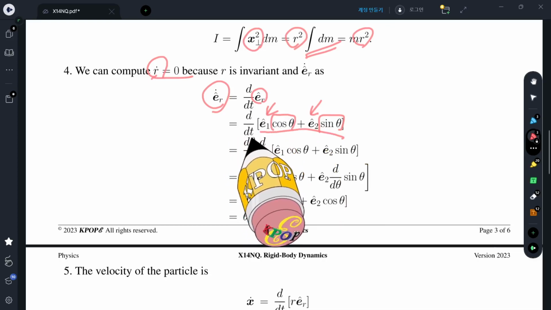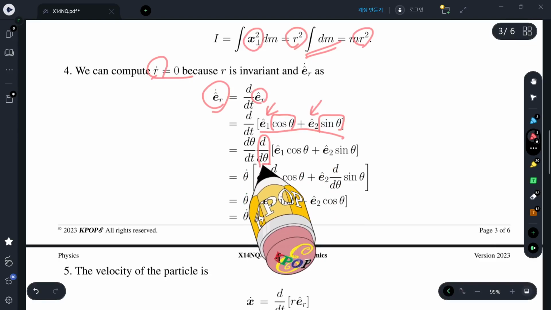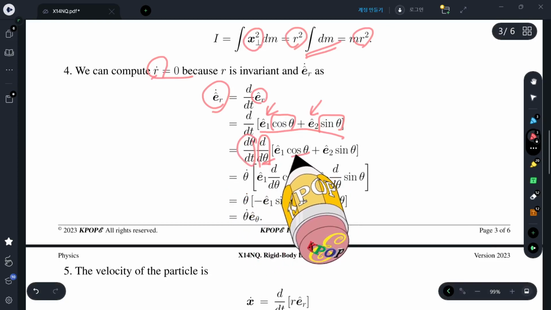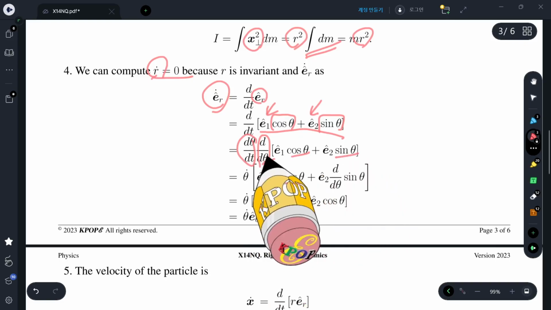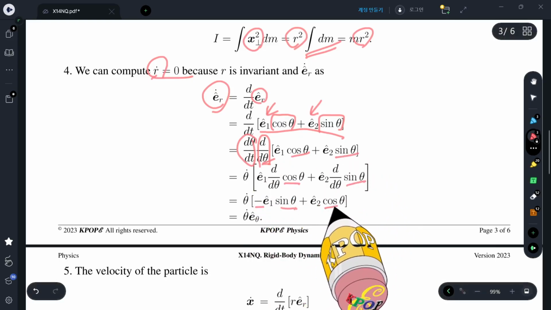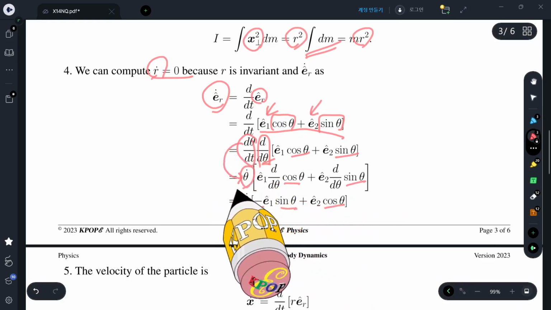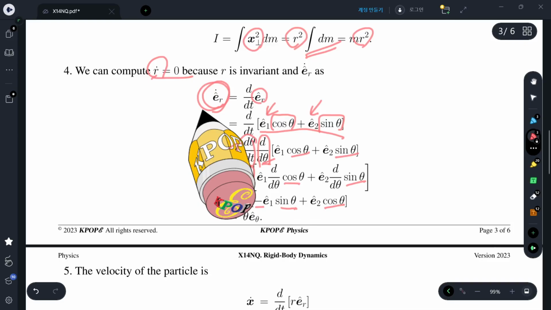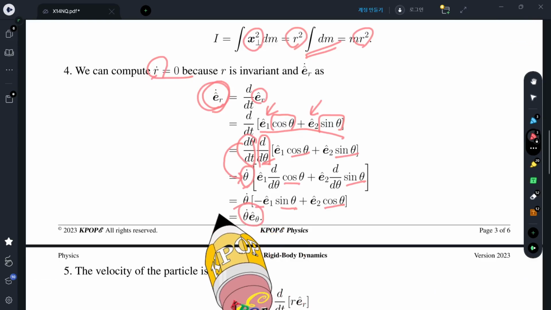So the derivative with respect to time can be made by taking the angle derivative first and then multiplying by the time derivative of the angle. And we know the derivative of cosine is minus sine, and the derivative of sine is cosine. As a result, I replace this time derivative with theta dot to find that the time derivative of the unit radial vector is theta dot multiplied by the unit tangential vector.